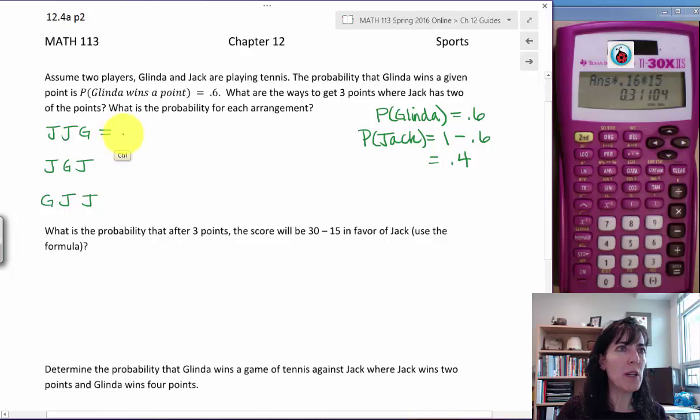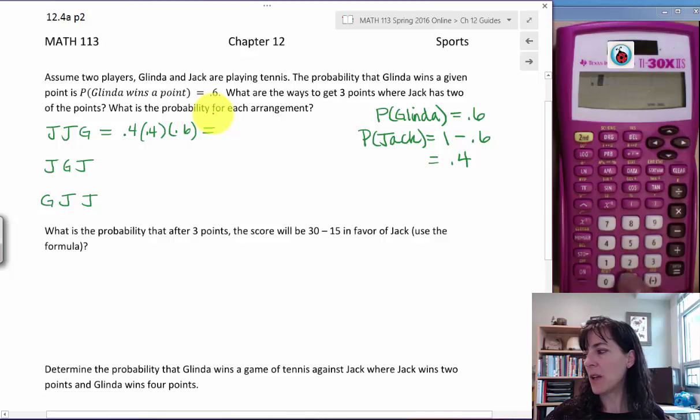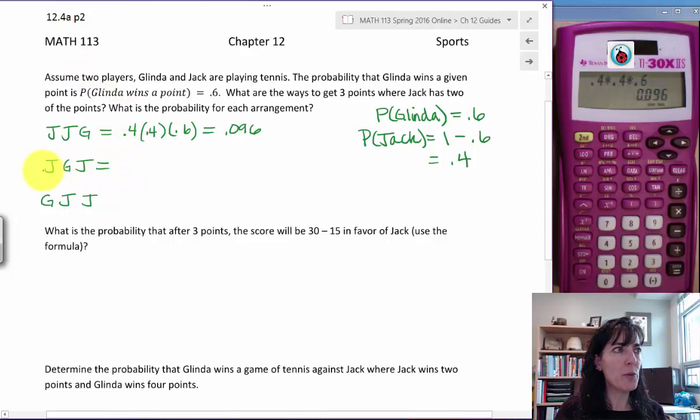Jack has a probability of 0.4, so it's going to be 0.4 times 0.4 for the two Jacks, and then times 0.6 for Glinda. And if I multiply that, I get 0.096. And then I can do the other two. Jack is 0.4 times 0.6 times 0.4.